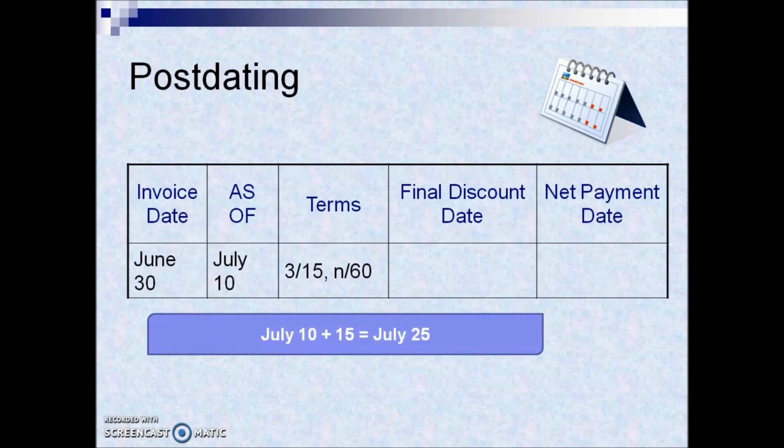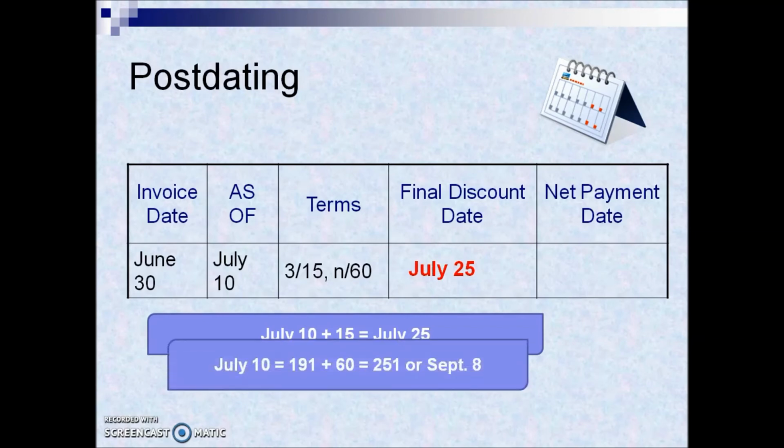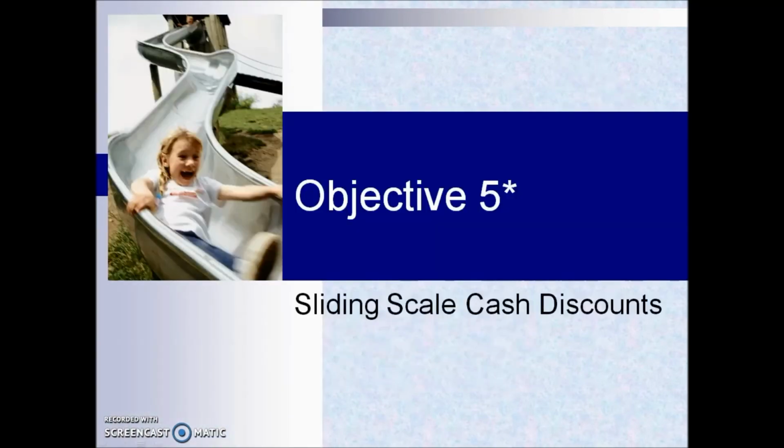We'll add 15 days to July 10th, which gives us July 25th, and the net payment is an N60. Again, regardless of the invoice date, that's totally ignored when you see an as of in the terms. Adding 60 onto our July 10th gives us a net payment date of September 8th.